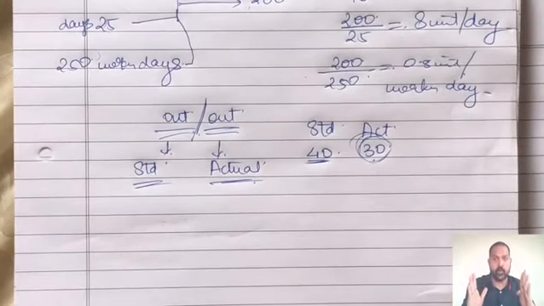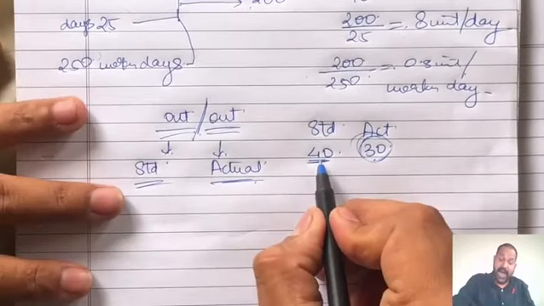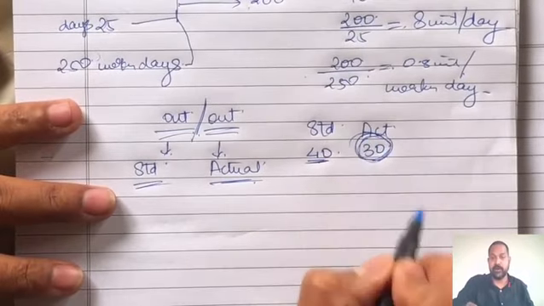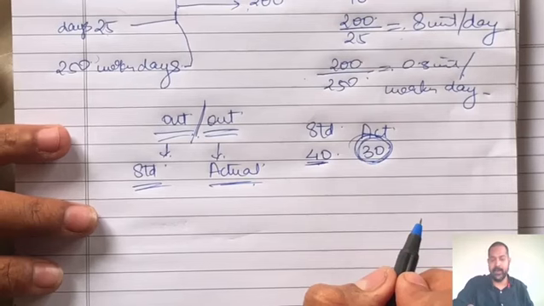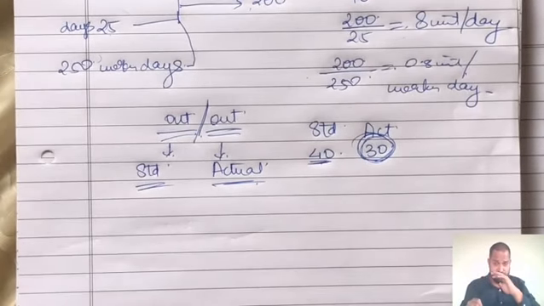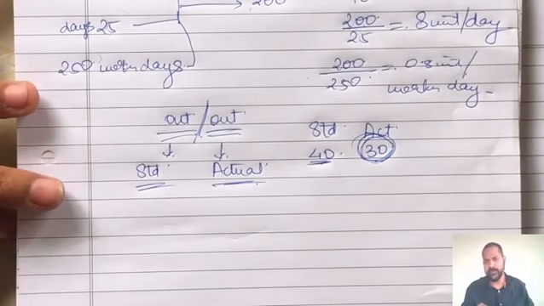Now listen to what I'm saying very carefully. I am expecting an output of 40 units while you are only giving me 30. Are you good or are you bad? Well, you are definitely bad. If you are bad, your productivity should be above 100 or below 100? Obviously below 100.